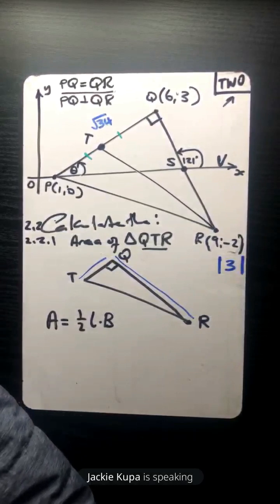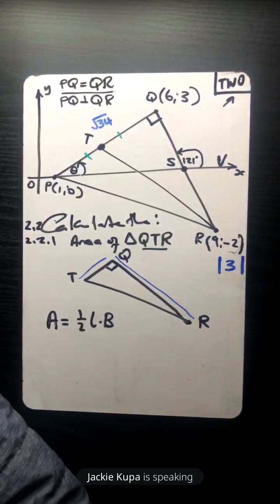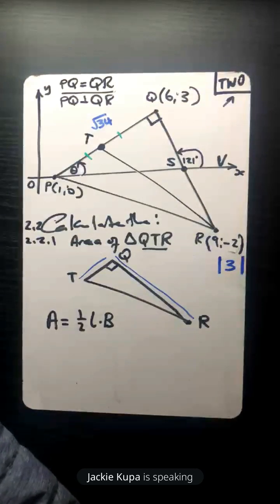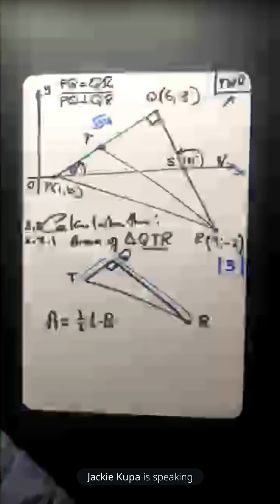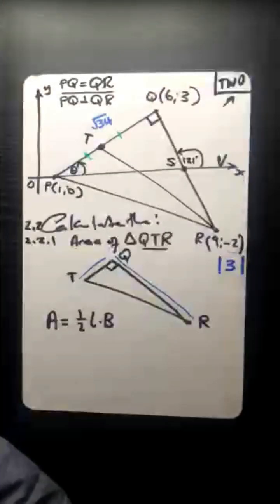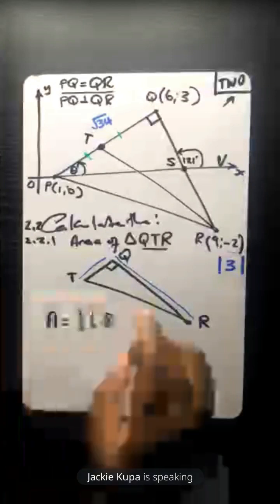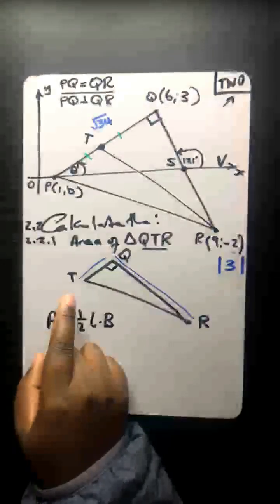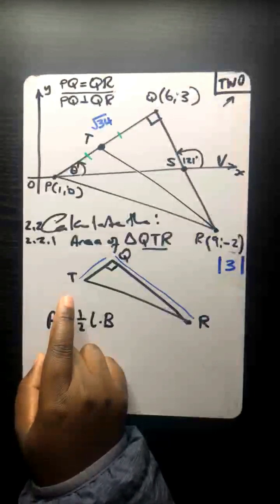I say we have the coordinates of T. And then from there, we will calculate the length between T and Q. The distance. Wait, you're saying we have the coordinates of which point? T, yes.